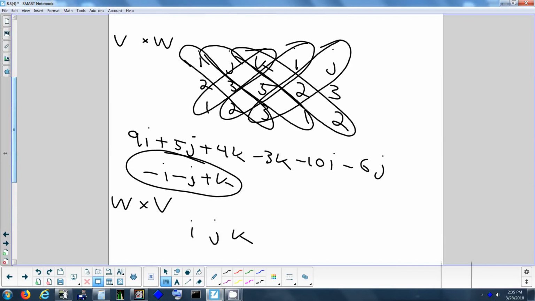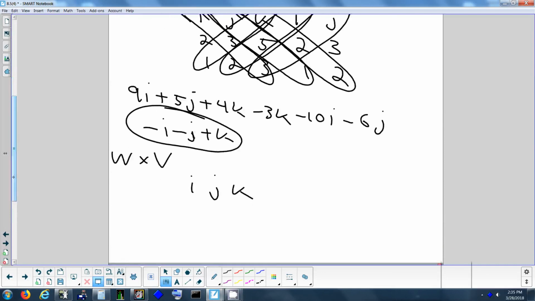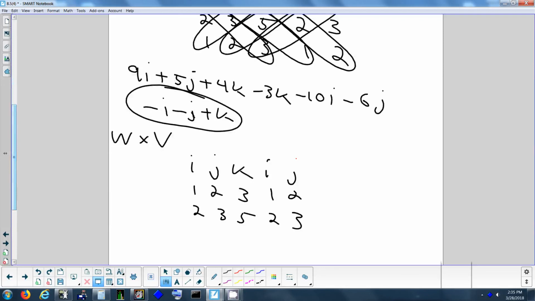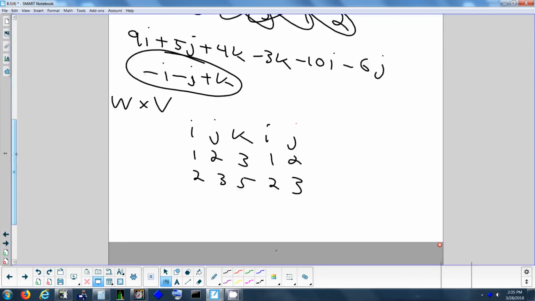How is it going to change to show W cross V instead of V cross W? The W is going to be the second row. Yeah, the last one. So we're going to put the 1, 2, 3, and then the 2, 3, 5. Copy over the columns. And now we'll multiply and see what we get.